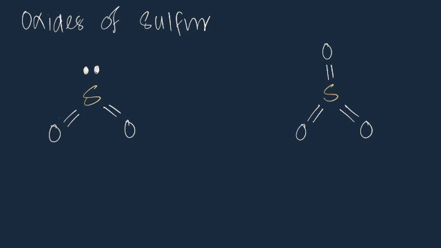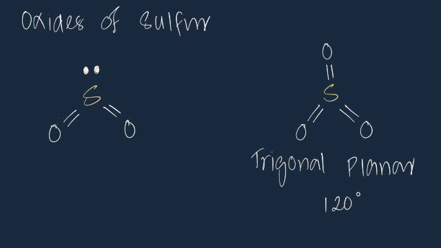The shape of sulfur trioxide is trigonal planar, and the bond angles are 120 degrees. For sulfur dioxide, we can't really figure out what the shape is because we haven't done this yet, but it's very reminiscent of the trigonal planar structure because it has a very similar structure, but there's no third bond over here.